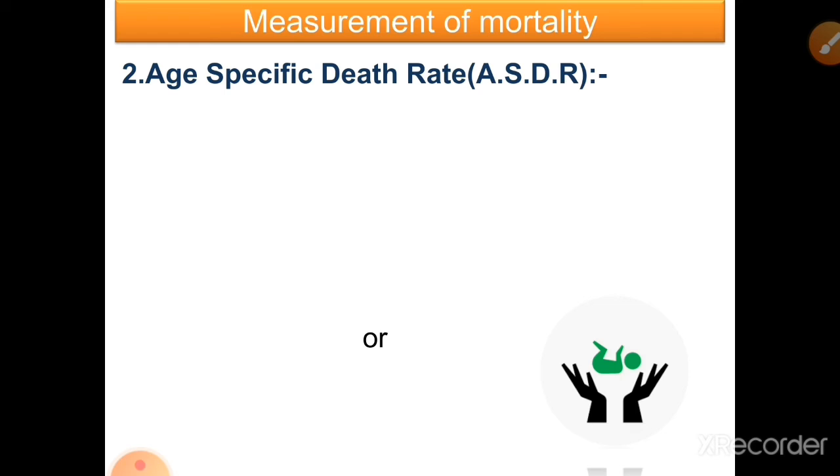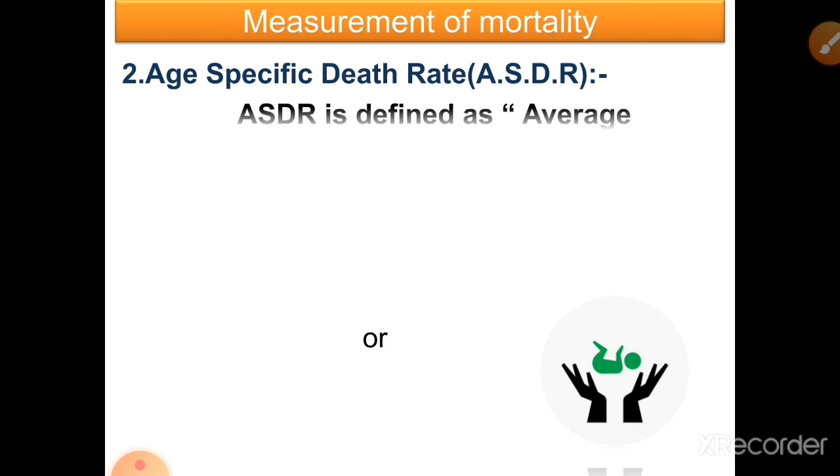Here, in CDR they are not considering the age and sex of the population. To overcome that, the next measure is age specific death rate, that is ASDR. In ASDR they are considering age and sex of the population.